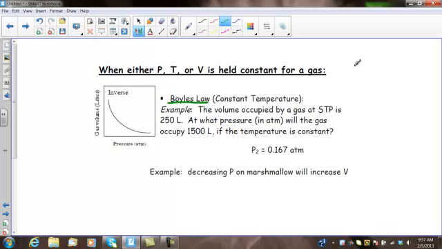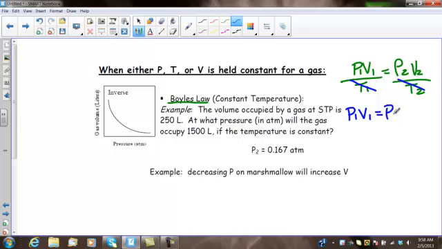Well, working with our combined gas law, P1V1/T1 equals P2V2/T2, the first thing that I want to do is say that the temperature is constant. So if my temperature is constant, I can get rid of it. So really I'm working with a formula that looks like P1V1 equals P2V2.